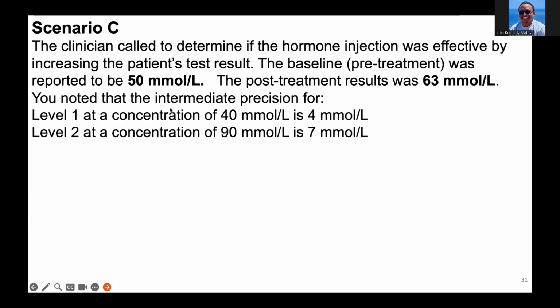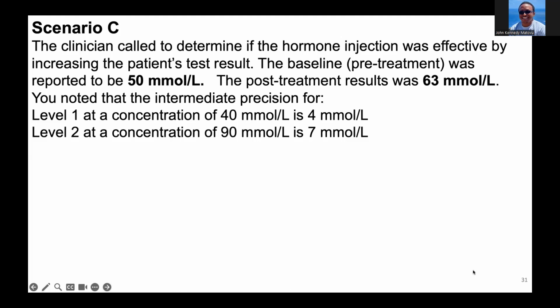All right. Then we move to scenario C, and scenario C was a little bit more complex than the other scenarios, where we're looking at something different. We said the clinician called to determine if the hormone injection was effective by increasing the patient's test results. The baseline pre-treatment was reported to be 50 millimoles per liter. The post-treatment result was 63 millimoles per liter.